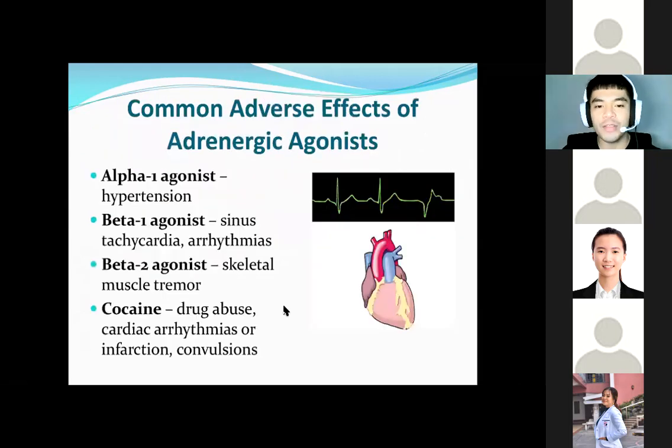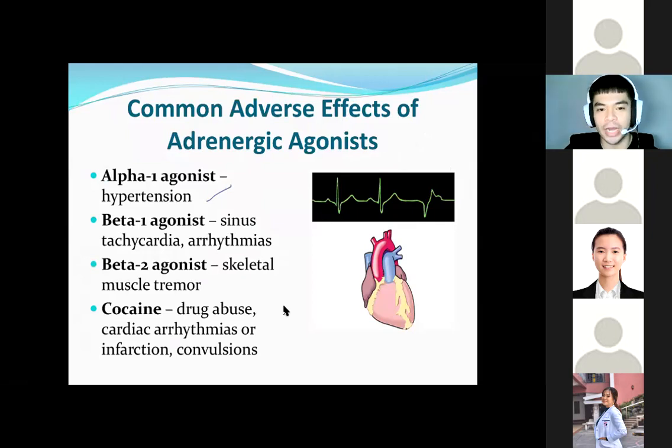Moving on, adverse effects of selective agonists. Selective, ibig sabihin, may specific receptor type lang silang tinatarget. And take note, these adverse effects are directly associated with their actions pa rin. It's predictable. Number one, alpha-1 agonists can cause hypertension. It is obvious because of their constriction effect.